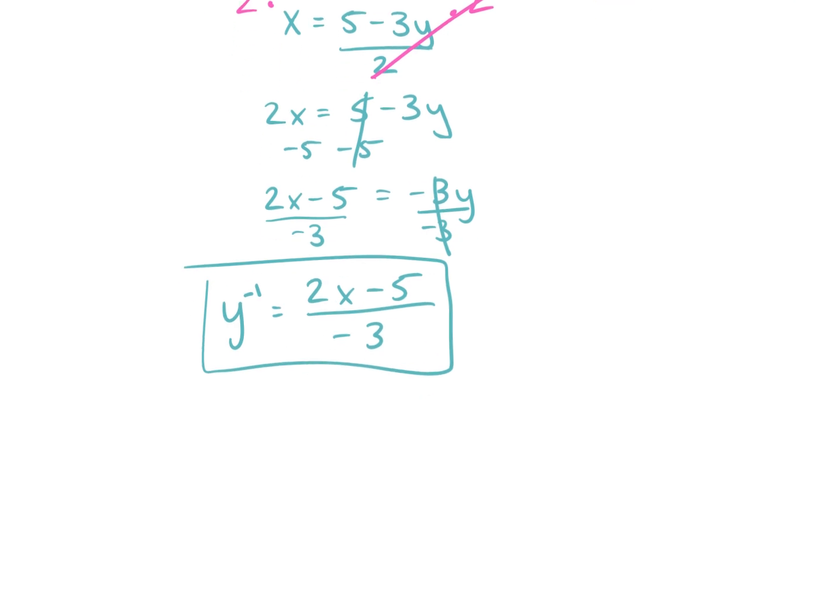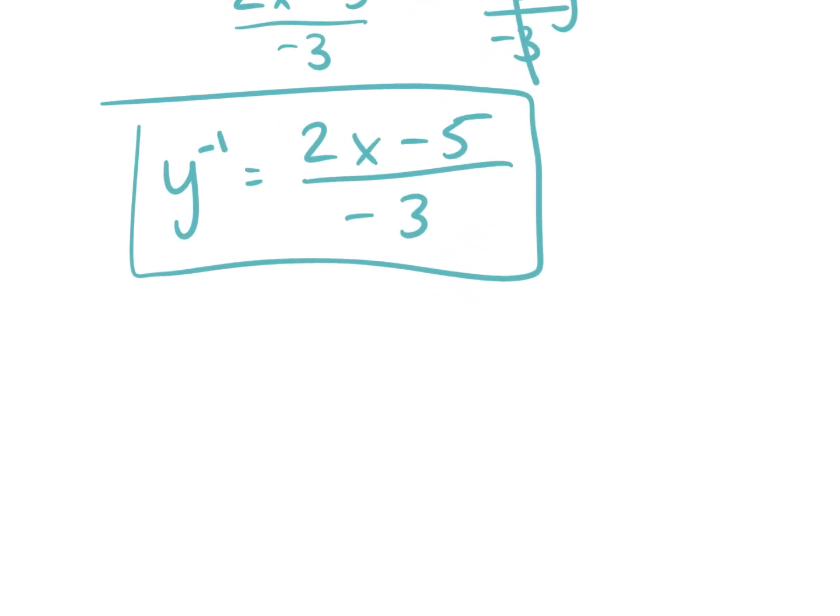Now, when we're dividing by a negative, you can leave it like this and it would be fine, but if we were dividing by something like -1, you may want to simplify. We can simplify this fraction a little bit more. WebAssign would take this as an answer. This is perfectly fine. I would take this as an answer, but just to show you guys how you could simplify more, we can split this up into 2 fractions. So we could say 2x over -3 and then minus 5 over -3.